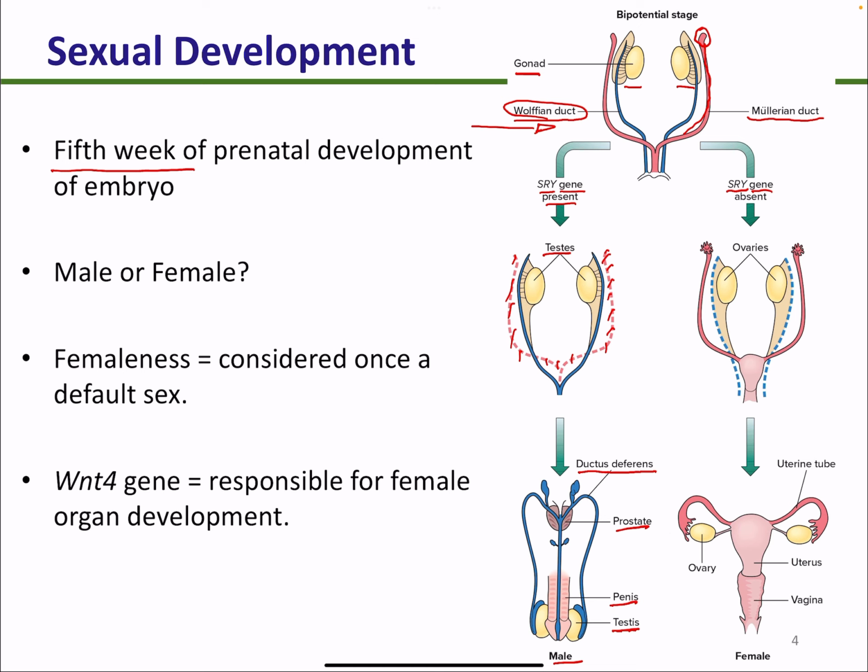In absence of the gene SRY, what will happen is that the Mullerian duct is going to develop, as you can see, while the Wolffian ducts are going to degenerate and the gonads are going to turn into ovaries, so that you have, at the end of the day, ovaries that develop, the uterus that develops, a vagina, the fallopian tube or the uterine tube that also develops.